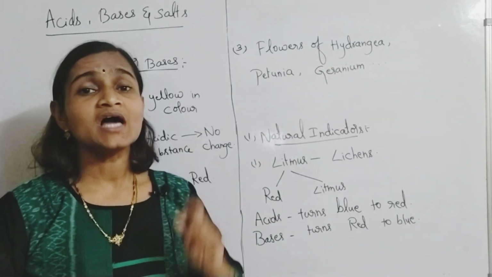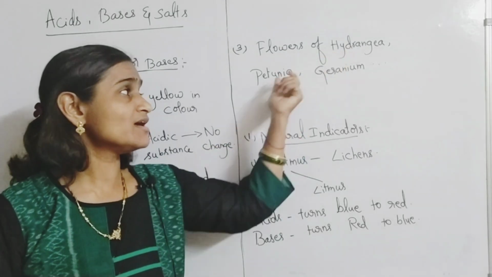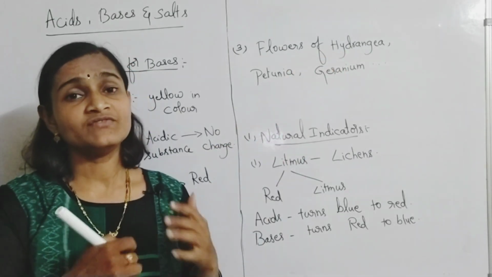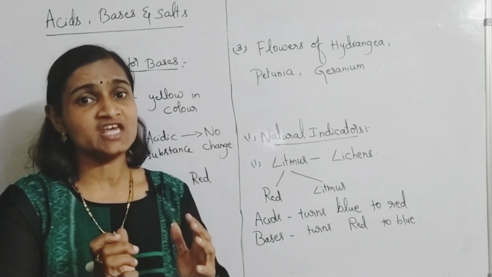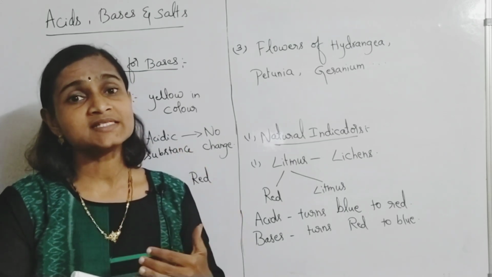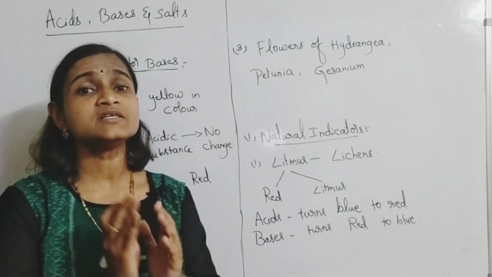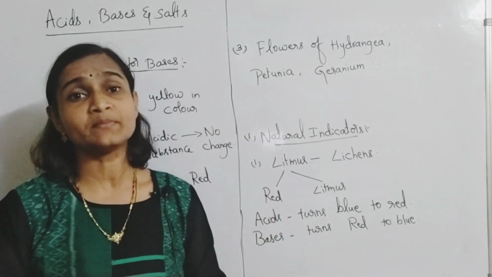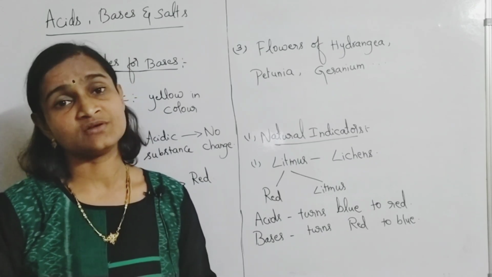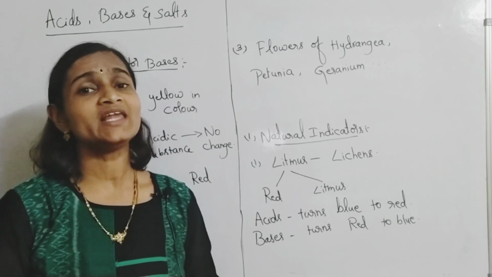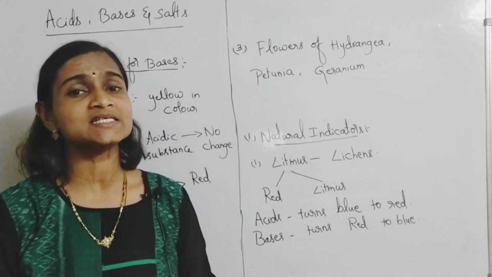That means if you observe the colors of hydrangea, petunia and geranium flowers changing, then you can say that the nature of the soil in which these plants are planted has changed. Actually, soil is acidic in nature because soil consists of what?